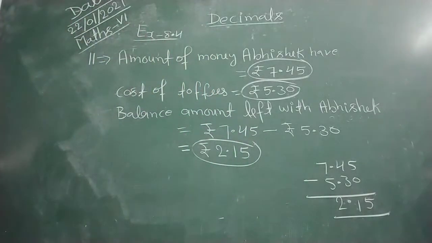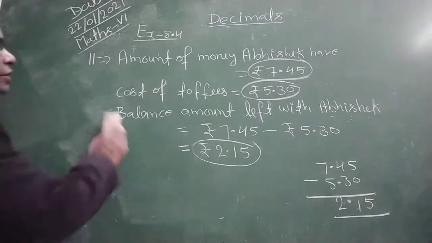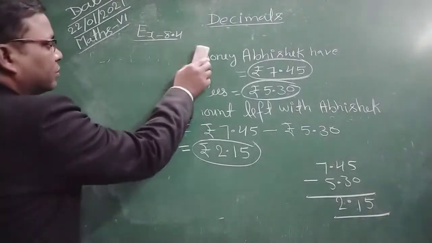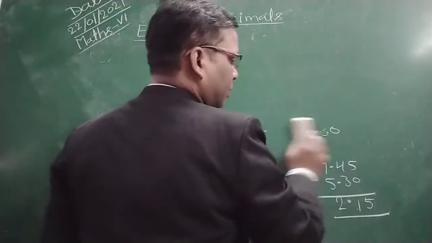Okay, so first we erase them. After this we solve question number 12. So let's see how to find the amount of money left with Rani.